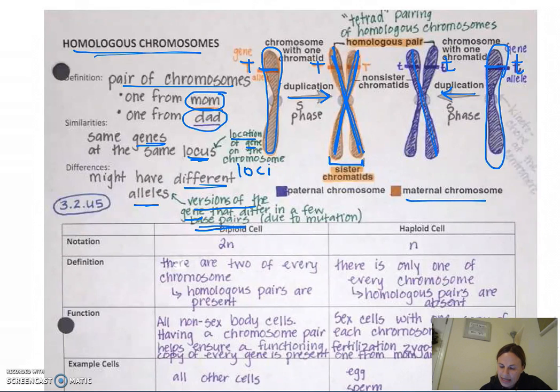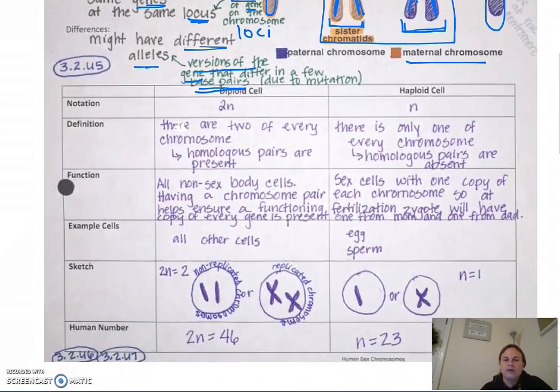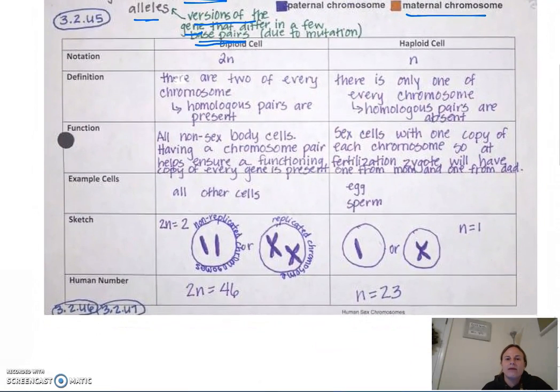Dad has duplicated or replicated its chromosomes during the S phase of interphase. And again, I have sister chromatids, where each one of these chromatids have the exact genetic information. These are our homologous pairs of chromosomes. In other words, I got one of these pairs of chromosomes from mom and one of the pairs of chromosomes from dad.